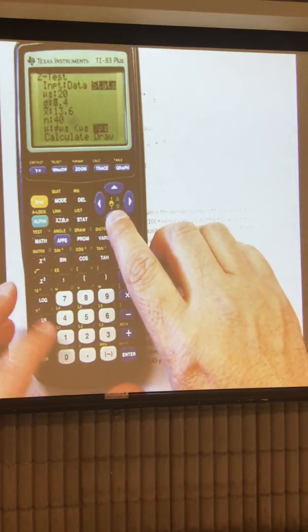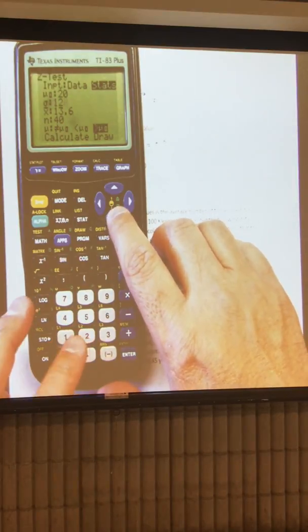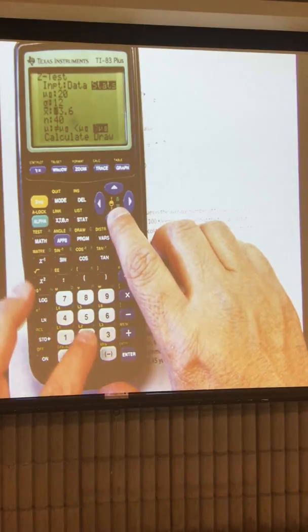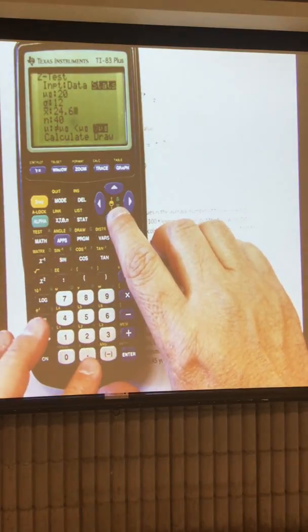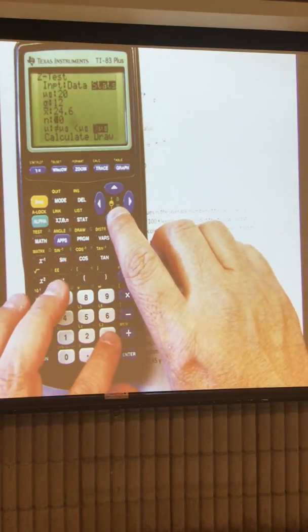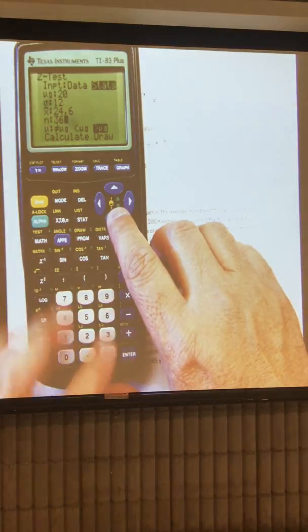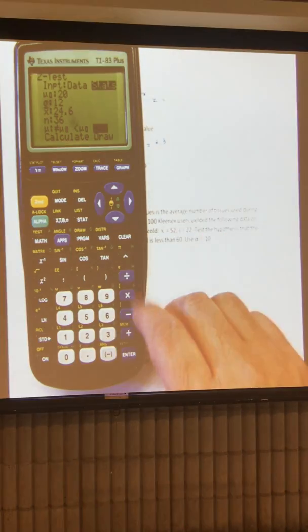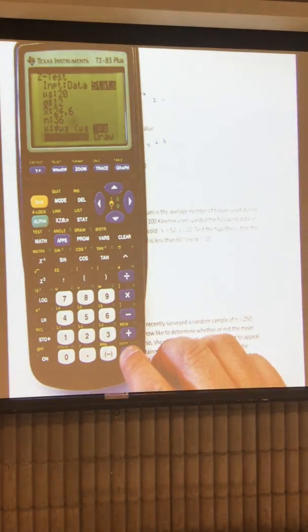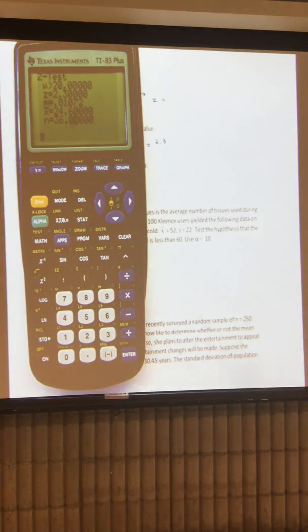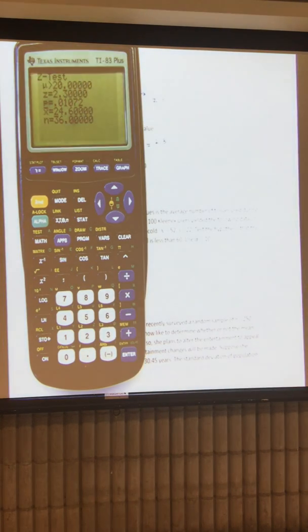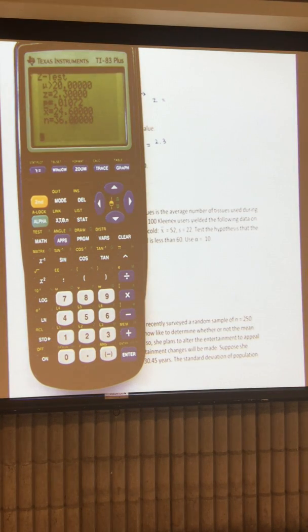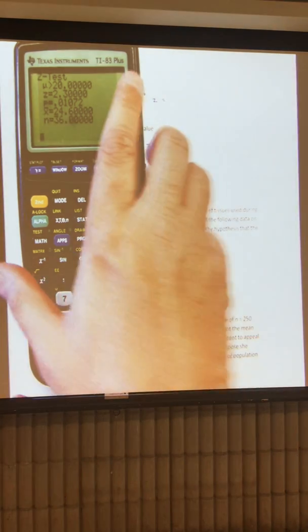The standard deviation is 12. The sample mean is 24.6. And the sample size is 36. We have to highlight the correct hypothesis, which is the third one, and then we click Calculate. As you can see, this is going to be the z, 2.3, and then below that we have the p-value. So the p-value is 0.0107.